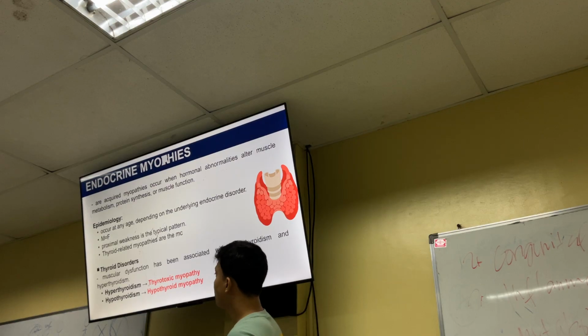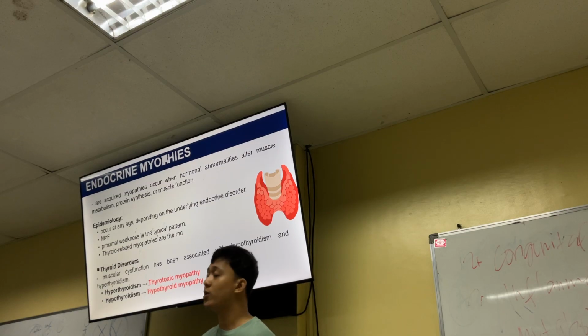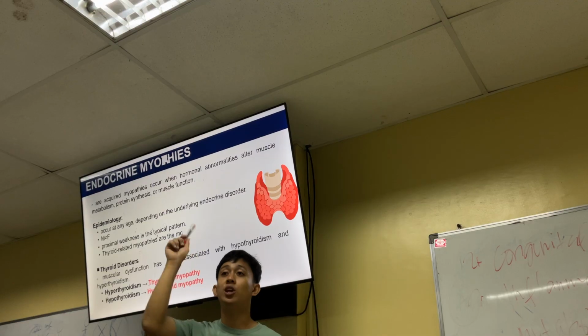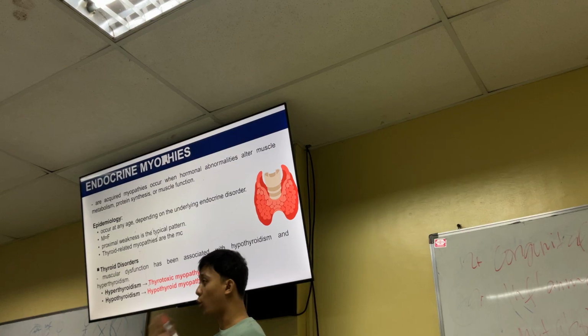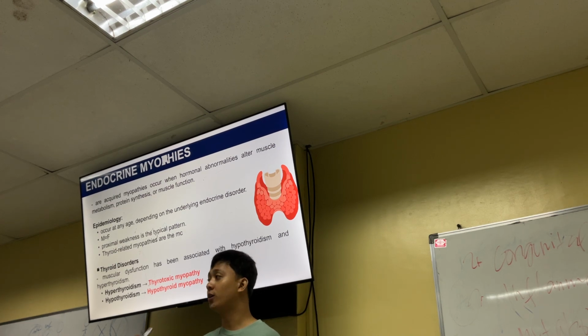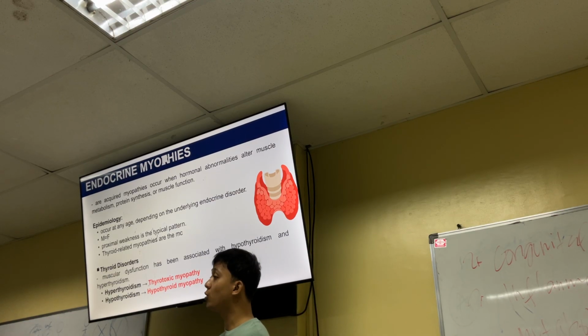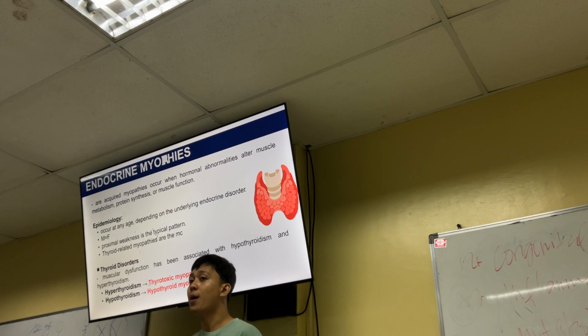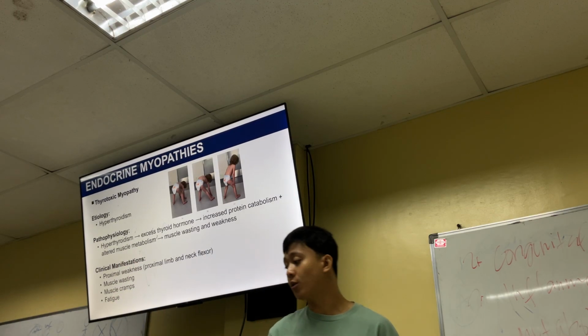If the patient is diagnosed with hyperthyroidism and it is associated with myopathy, this is what we call thyrotoxic myopathy, because there is an increased amount of thyroid hormones, your T3 and T4. And if hypothyroidism is correlated with myopathy, this is what we call hypothyroid myopathy.